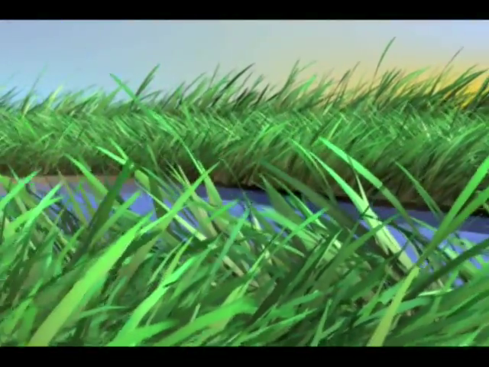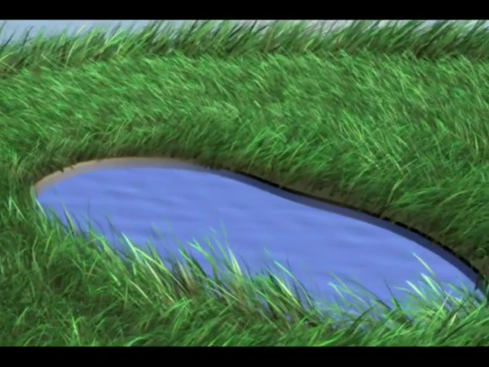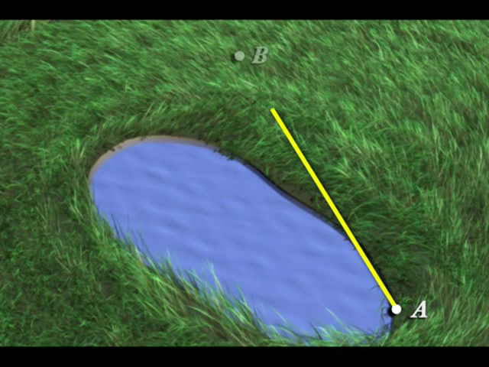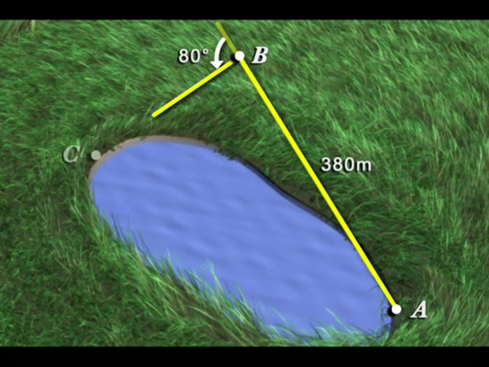You've got this marsh, and here's a picture of a marsh, and you're standing at point A, and you walk to point B, and it's 380 meters to point B. Then you turn 80 degrees and walk to point C. And the distance from A to C will turn out to be the length of that marsh.